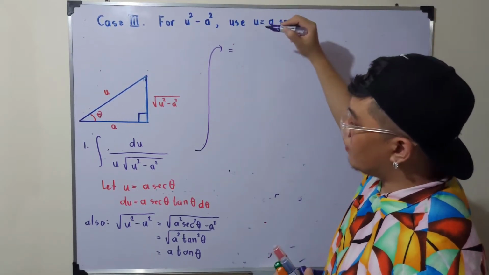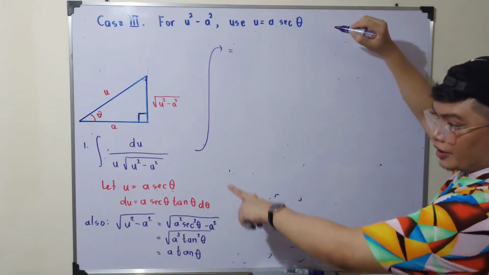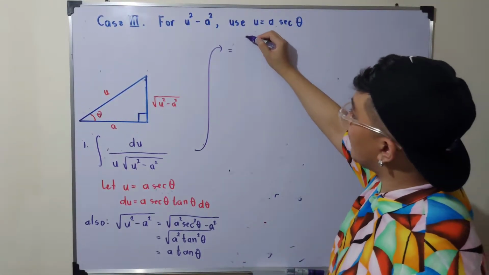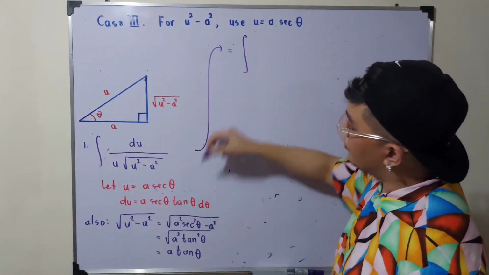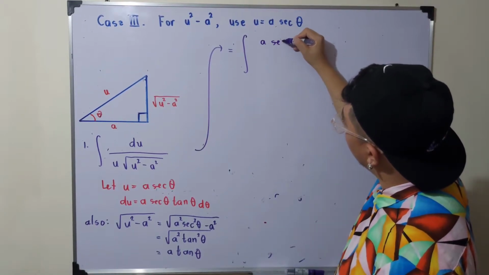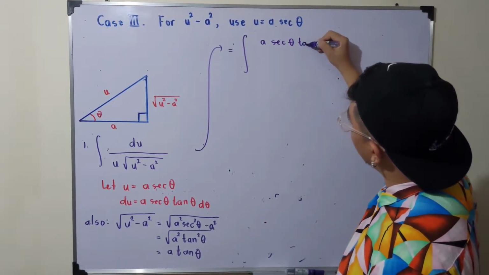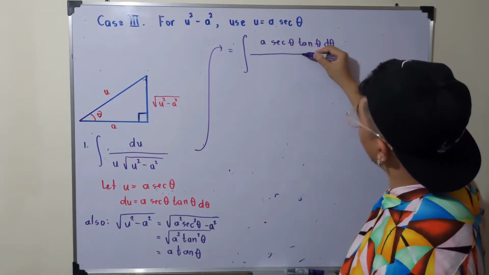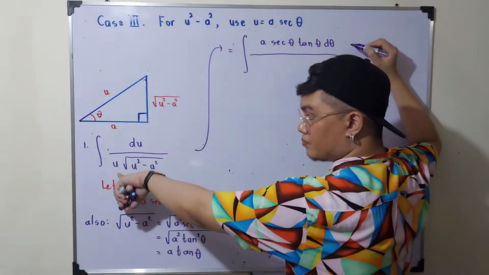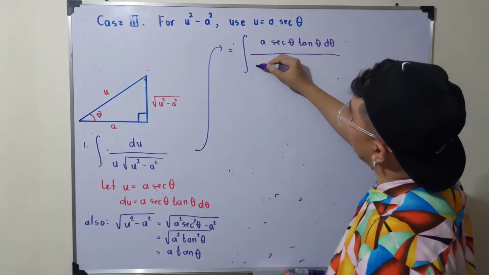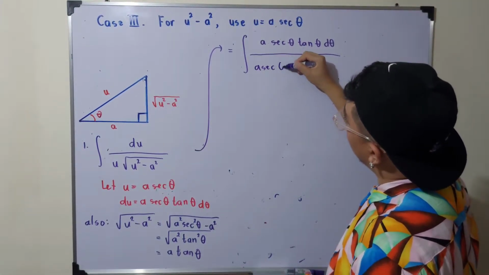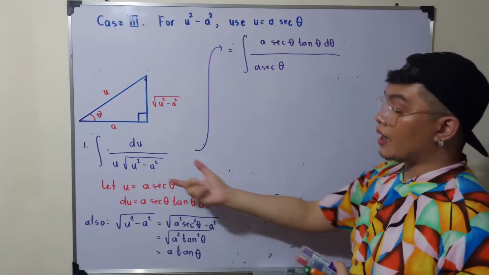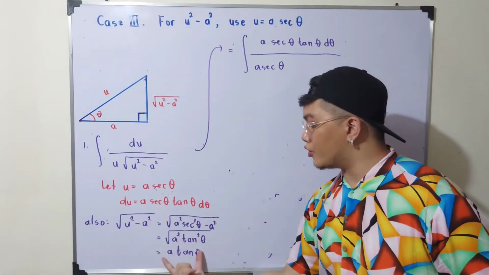Okay, so let us now substitute using our representations. We have du, a secant theta tangent theta, d theta. So sa ilalim, u. So ito. Tapos, yung isa naman, yung naka-square root na isang buo, ito yon.